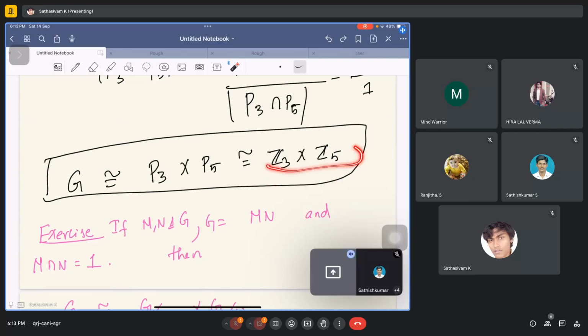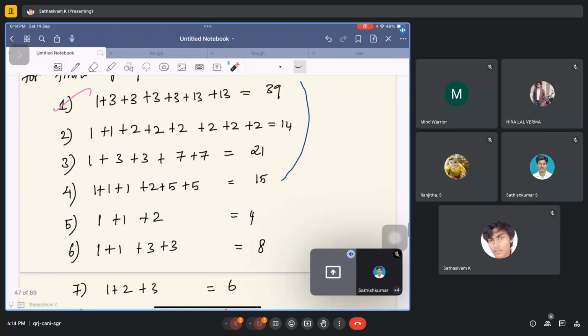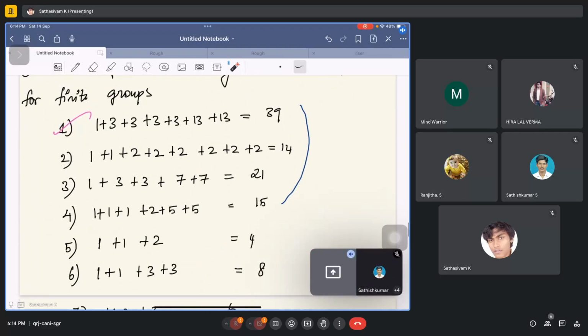So these groups are all cyclic actually, generated by (1, 1). Like he mentioned, this group is actually a cyclic group. So the possible classification is basically 1 plus 1 plus 1 plus etc. In that sense, we can eliminate this one also. This is not correct.